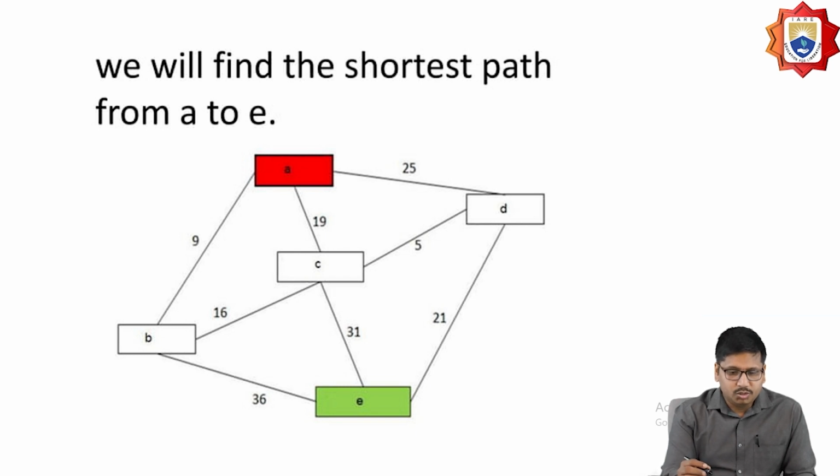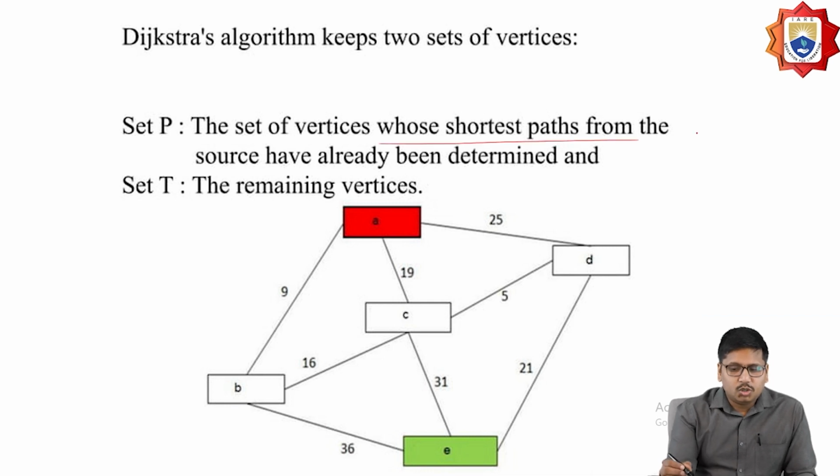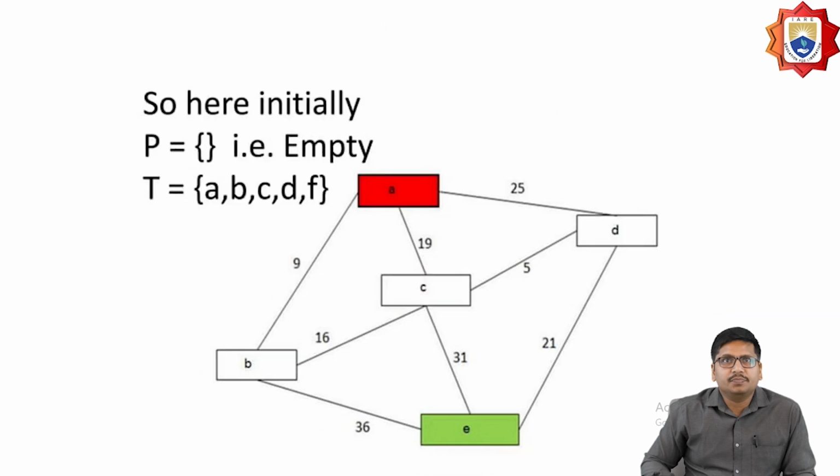So I want to find the shortest path from A to E. For this, initially I select a vertex A. Dijkstra's algorithm maintains two sets of vertices here. One is the set P of vertices whose shortest path from the source has already been determined, and set T is the remaining vertices.